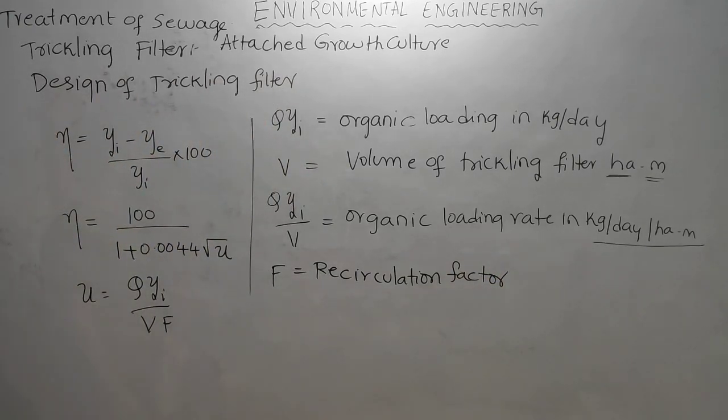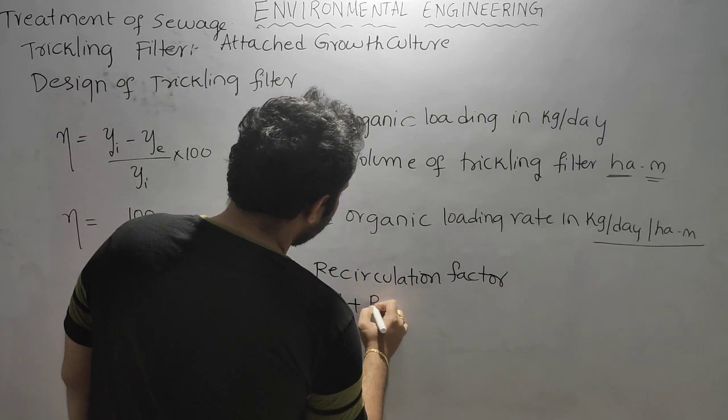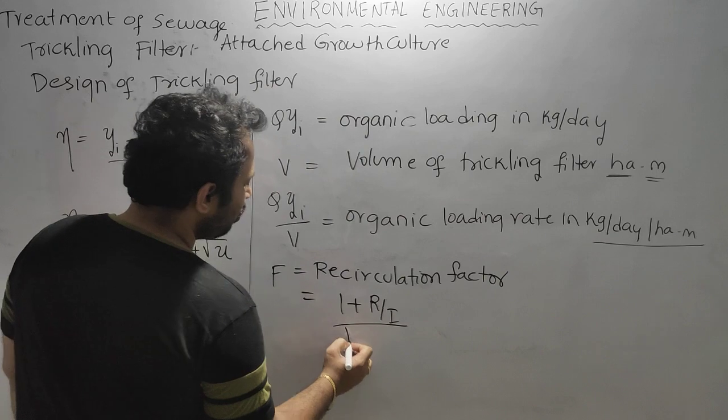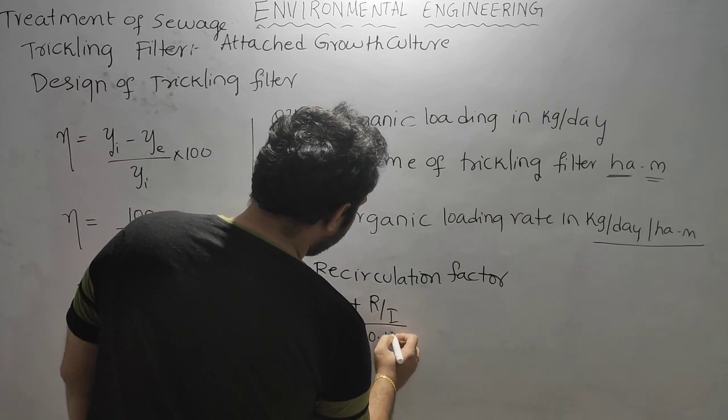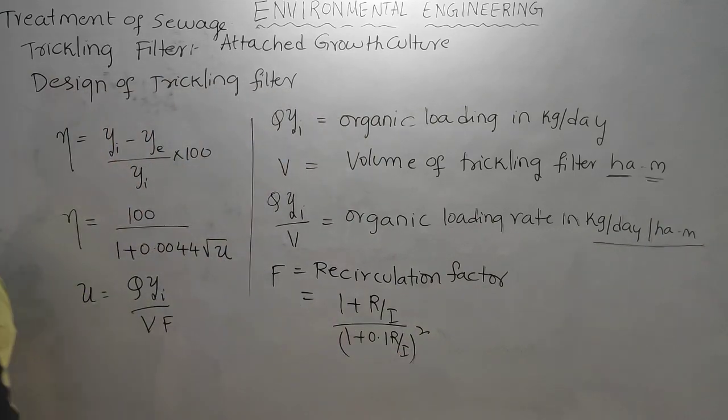F is equal to (1 plus R by I) divided by (1 plus 0.1 into R by I) whole square. So this is the formula of F, the recirculation factor, where R by I is the recirculation ratio.